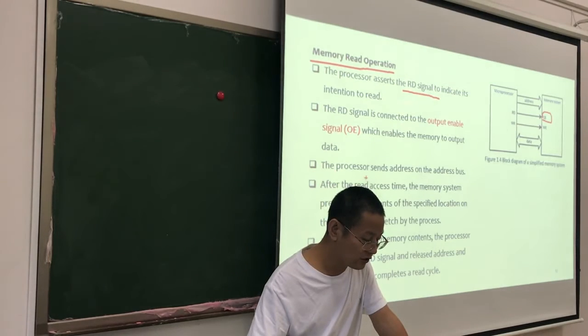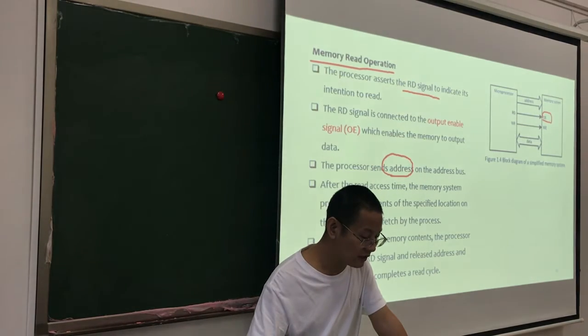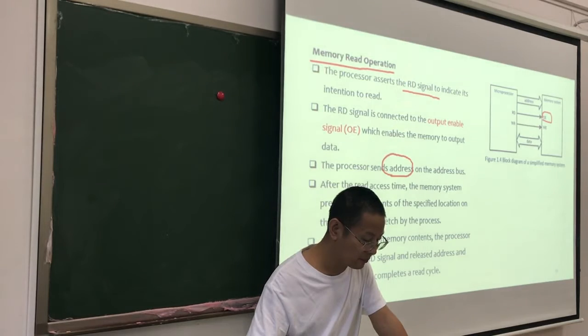The processor sends the address on the address bus. After the read access time, the memory system presents the contents of the specified location on the data bus to be fetched by the processor.